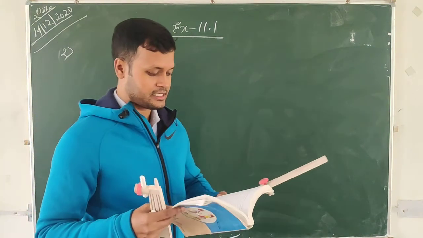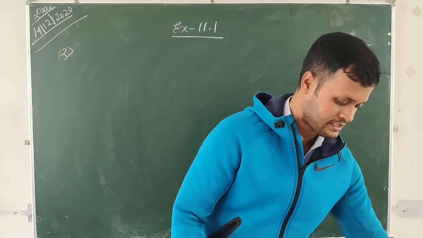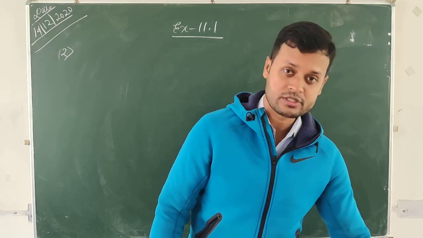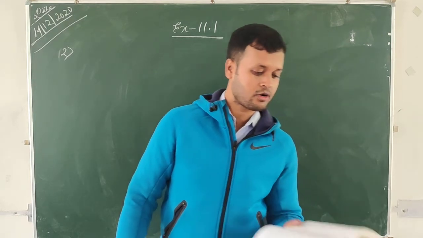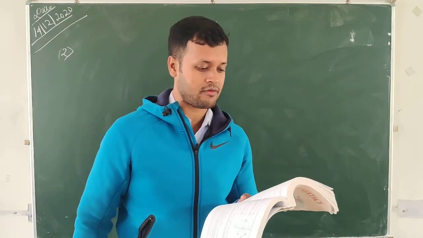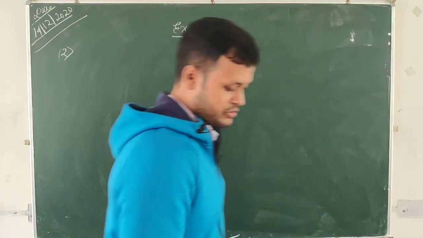So the question is like this: construct a triangle of sides 4 cm, 5 cm and 6 cm, and then a triangle similar to it whose sides are 2 by 3 of the corresponding sides of the first triangle. Let us first draw the triangle of 4 cm, 5 cm and 6 cm. We will take the base as 5 cm.